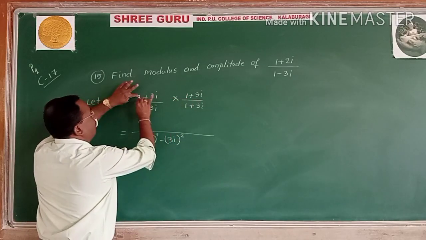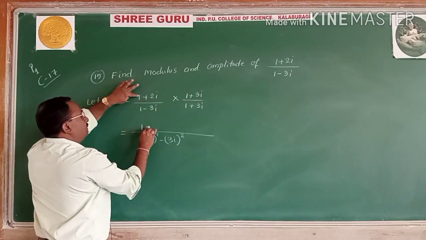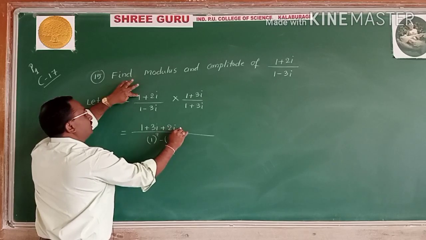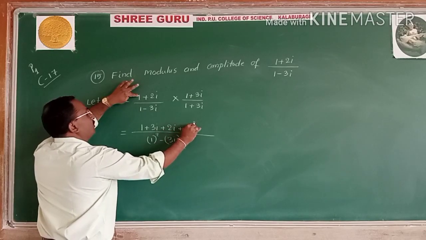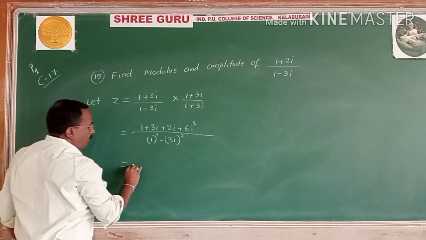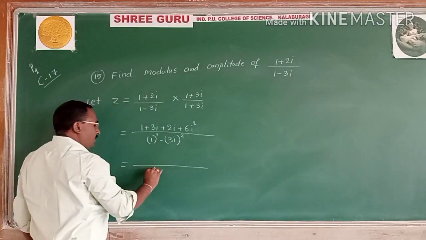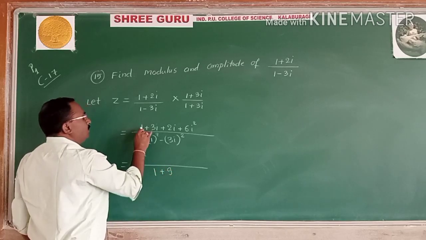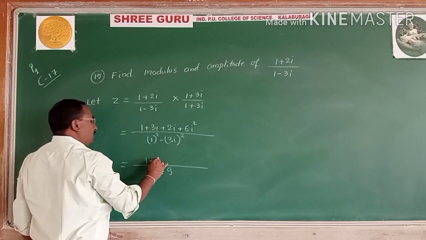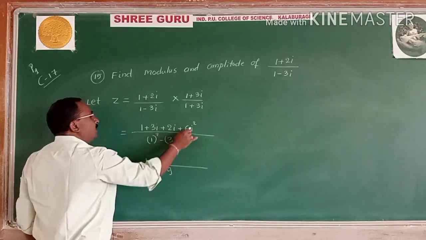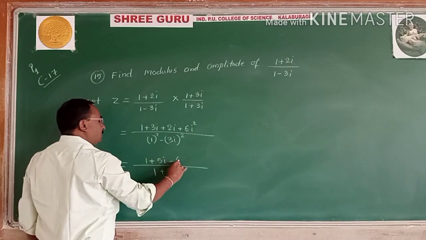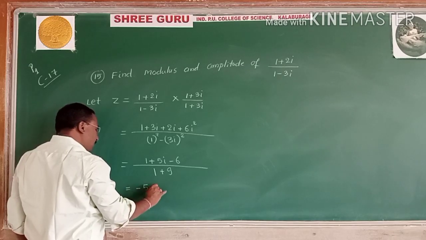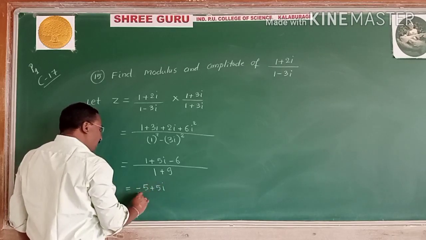Numerator product: 1 into 1, 1 plus 3i plus 2i plus 2 into 3, 6i square. 1 square is 1, i square value is minus 1, minus minus plus, 3 square is 9, so 1 plus 9 is 10. Numerator: 1 plus 3i plus 2i is 5i, i square value is minus 1, so minus 6: minus 5 plus 5i divided by 10.